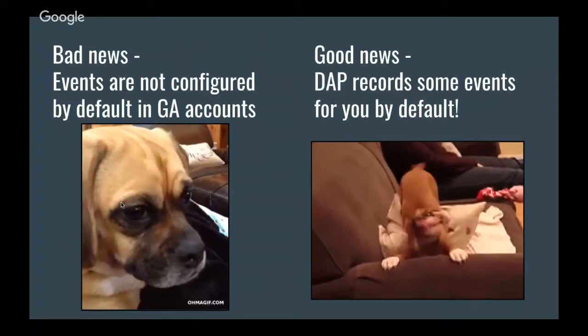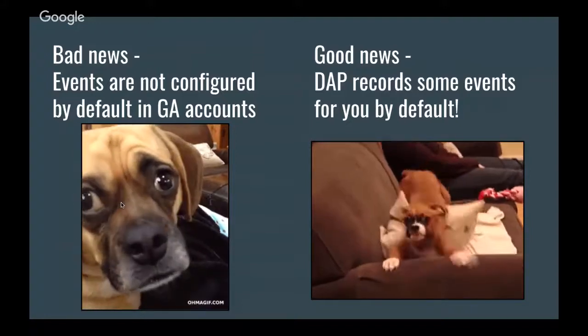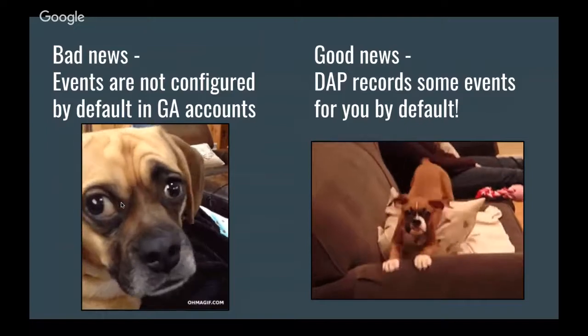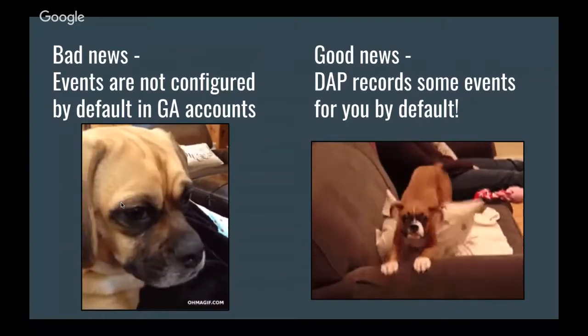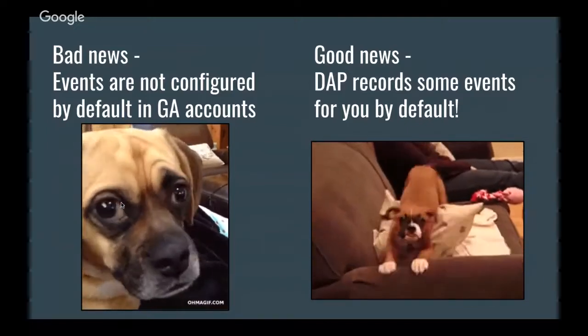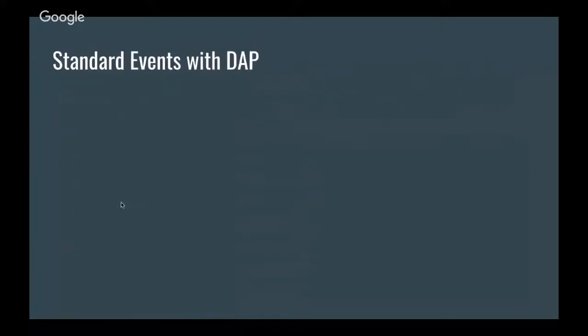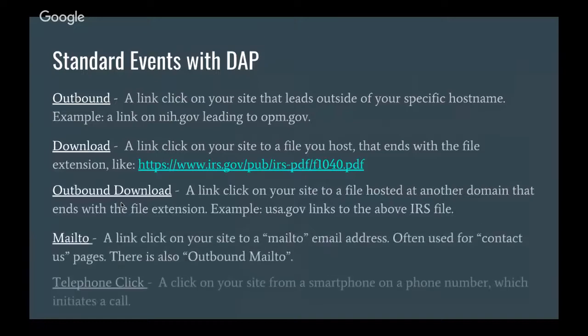These events are recorded for you because we have hard-coded them into the DAP script. So when you implement the DAP script, you automatically get some of these events. But if you set up a new independent Google Analytics account, you should not expect them to be reporting, because they won't. Okay, with outbound mailto, there's a total of 6.